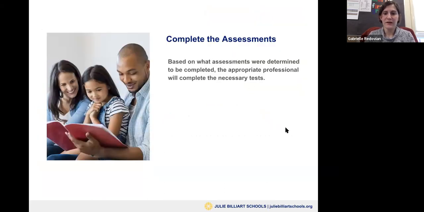Based on what areas of need you determine, will determine which assessments are going to be completed by the school district. And oftentimes those are going to be general intelligence testing to see where they are verbally and non-verbally with an IQ score. Then they will do some academic testing, and that academic testing works with them on reading, writing, and math.